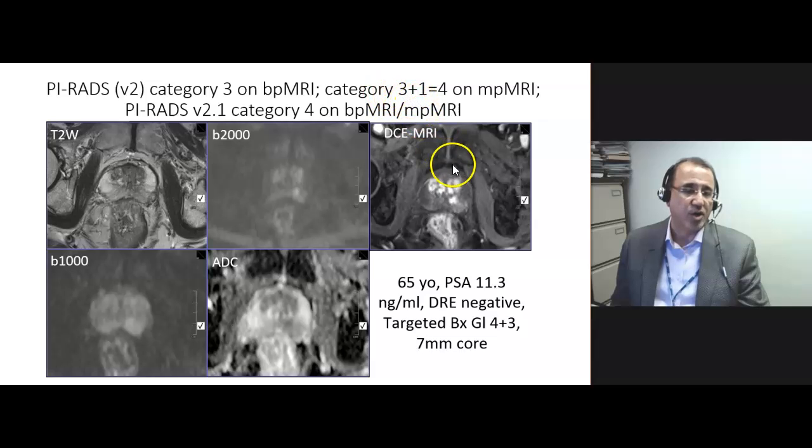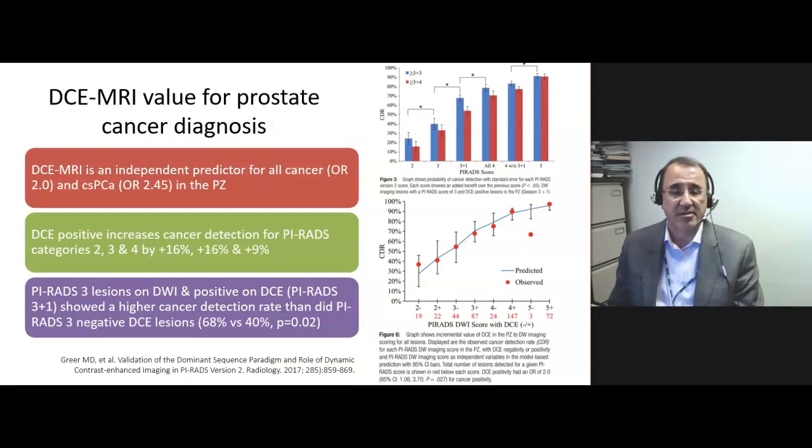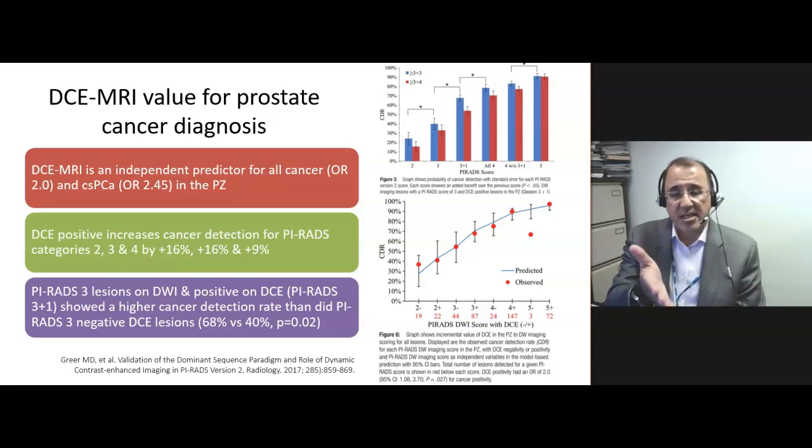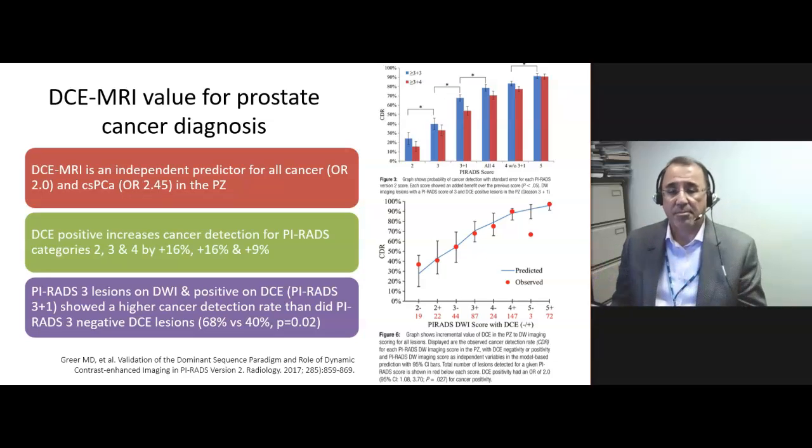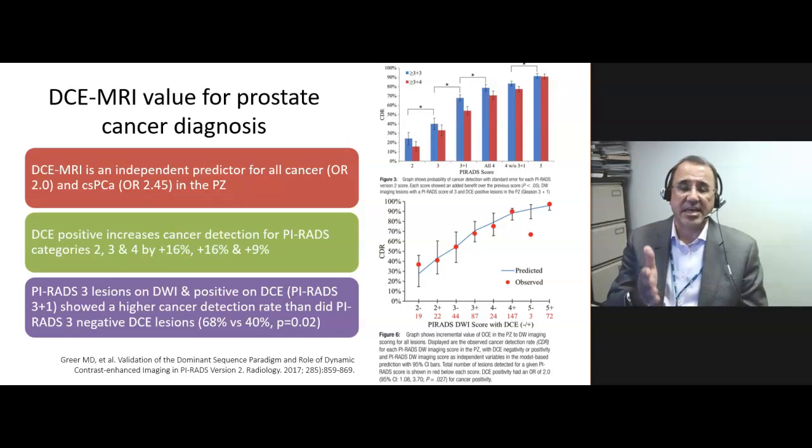But the contrast enhancement highlights this abnormality. Look at this lesion. And in fact, a targeted biopsy core through here showed a 4+3 cancer. And data like this can be found in the literature, where the value of DCE MRI has been shown for PIRADS category 2 lesions, 3 lesions, and 4 lesions.